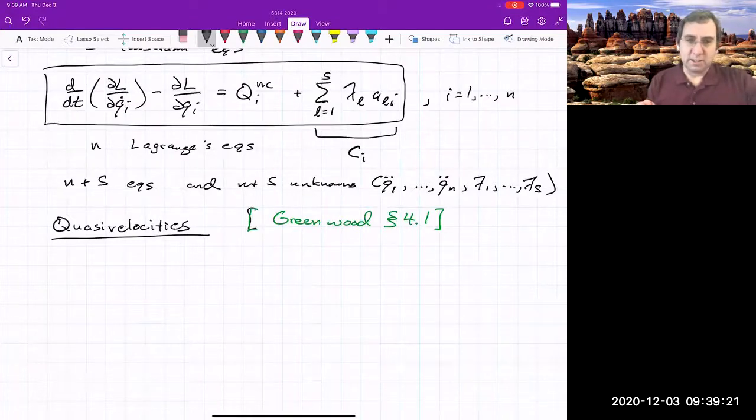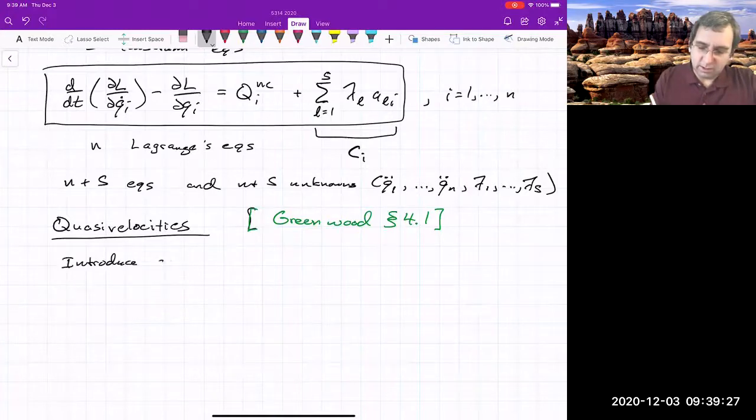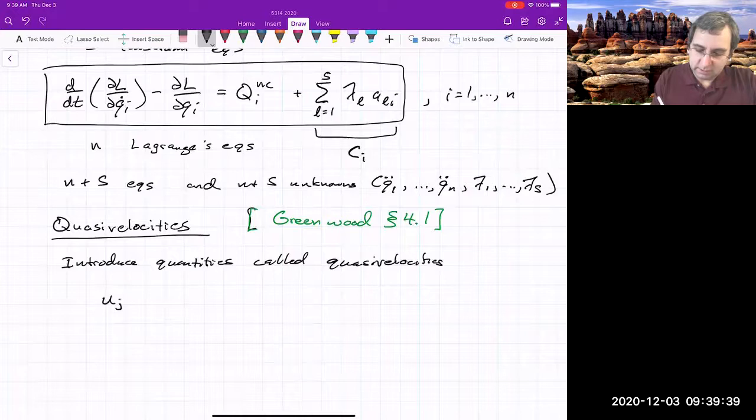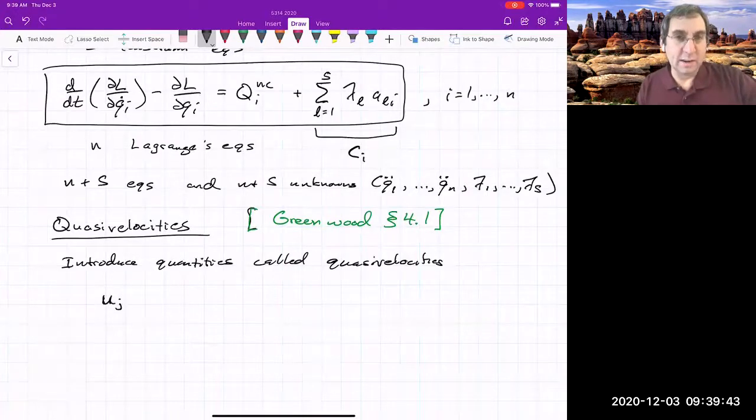So a quasi-velocity: we just introduce quantities, variables called quasi-velocities. We will have n of them, just like there are n generalized coordinates, and the terminology is to use little u.